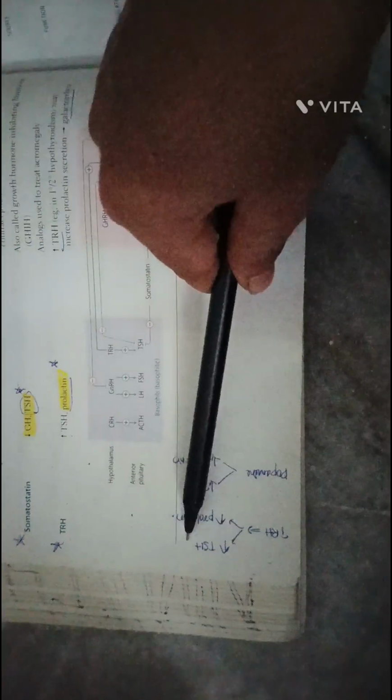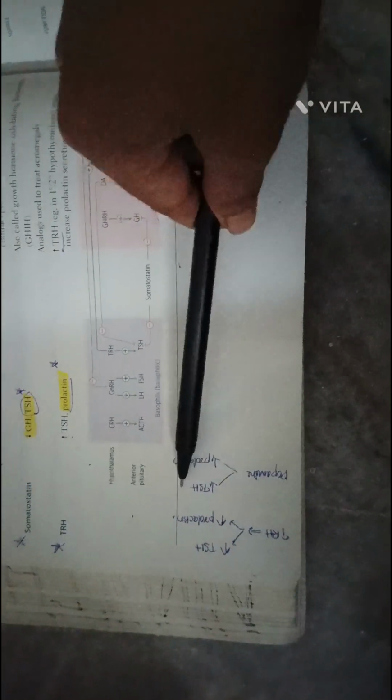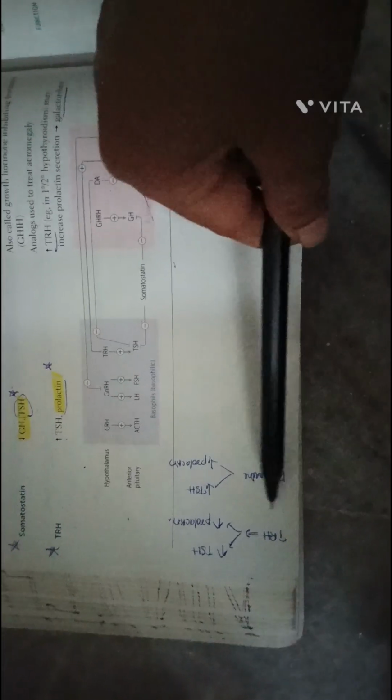Next, thyroid releasing hormone increases production of TSH and prolactin. Dopamine decreases production of TSH and prolactin. So TRH and dopamine have opposite actions.